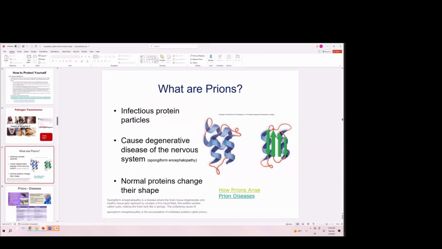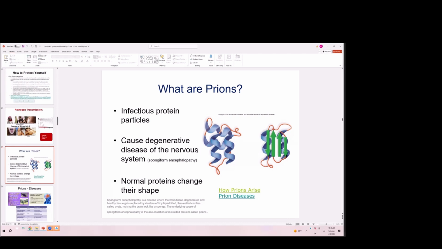So there is a hypothesis suggesting what makes the normal proteins existing in our nervous system change their shape.